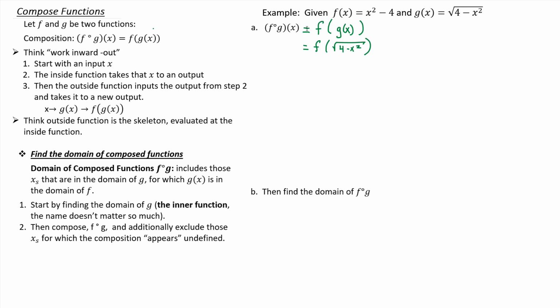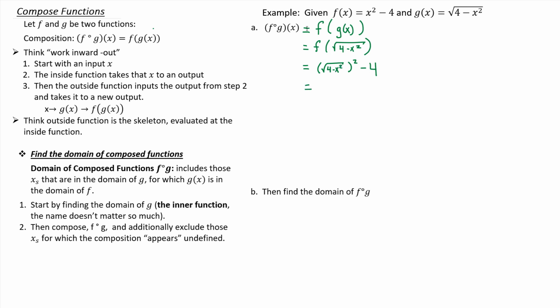So we just need to take function f, whatever it is, and evaluate it at the square root of 4 minus x squared. Well, f of x is x squared minus 4. Notice I didn't write in the x, and the reason is because I'm going to replace the x with what I'm evaluating at, which is the square root of 4 minus x squared.